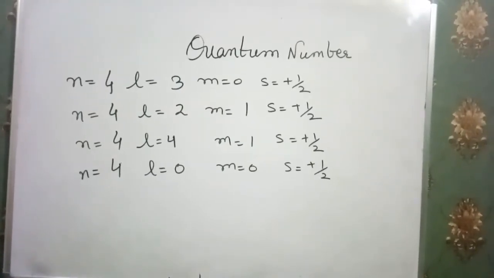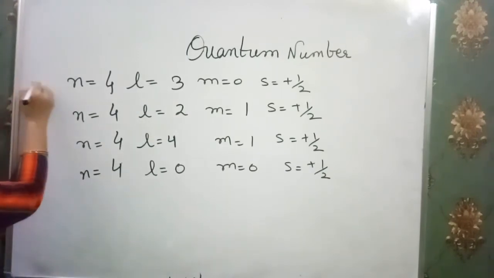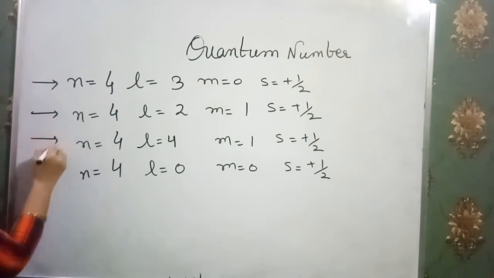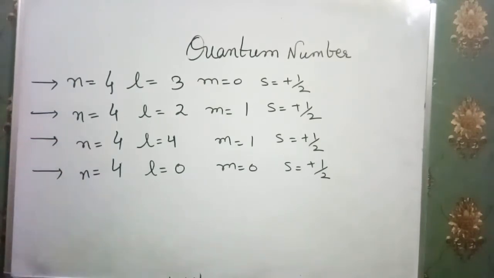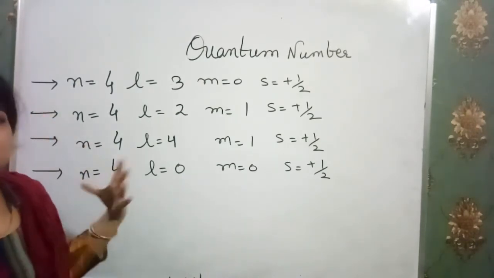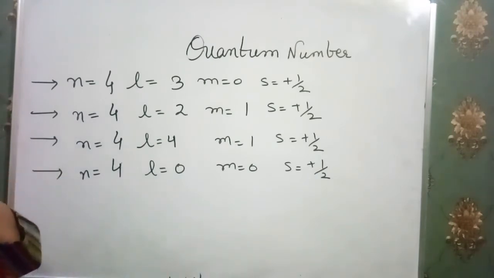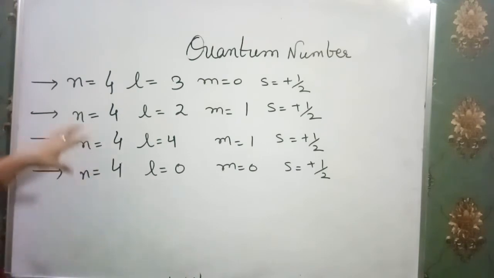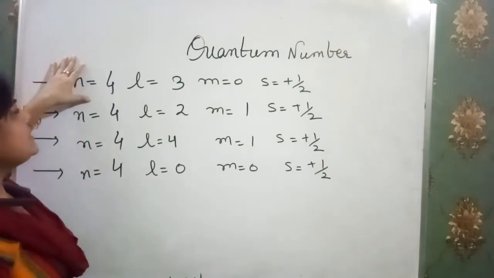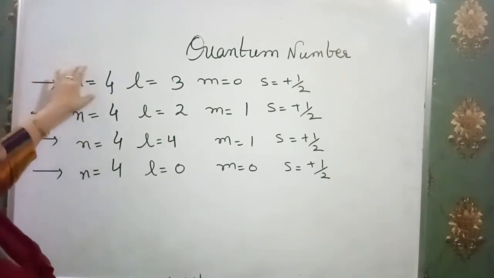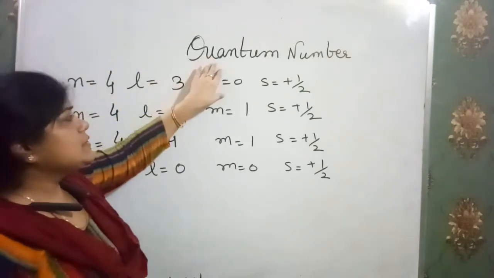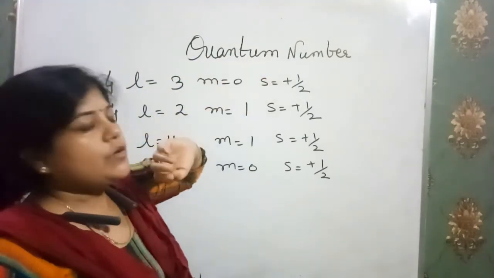Now watch the question on your screen. There are 4 sets of quantum numbers given, and we have to find which is correct or which is not correct. So here we have different sets. This is for the principal quantum number, this is for azimuthal, this is for magnetic, and this is for spin quantum number.